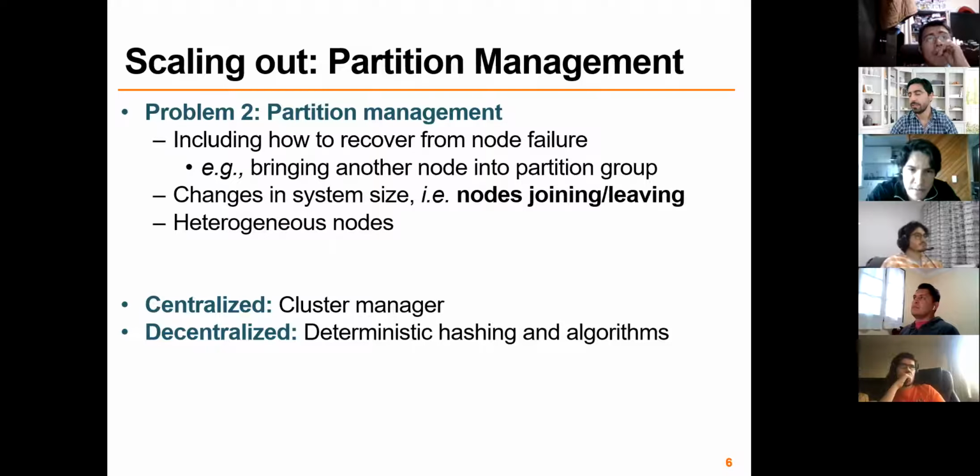Another issue is the high rate of churn that we were talking about in P2P networks. Of course, that's not the case in distributed systems, please don't confuse it. In peer-to-peer networks, we have high churn: a lot of joins, a lot of leaves, a lot of failures, because we're talking about normal, unreliable nodes.